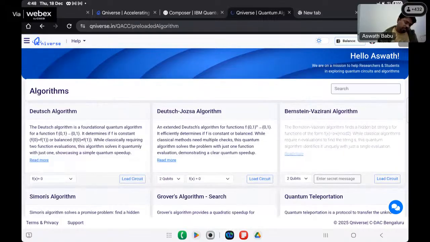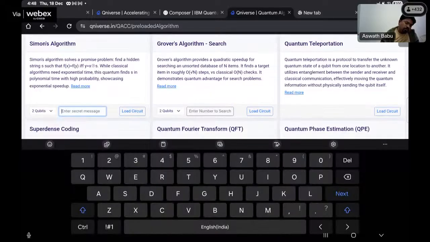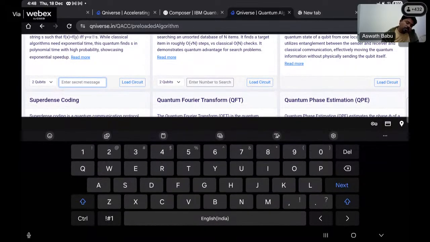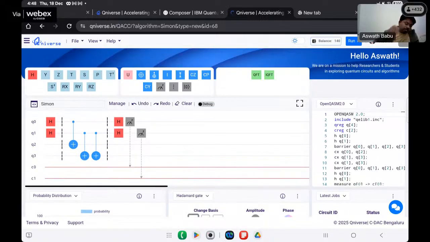Go to the algorithms. At the bottom left we have Simon's algorithm. Let's say I have a 2-qubit bit string, 10, as my s. Load the circuit. This is the corresponding circuit.